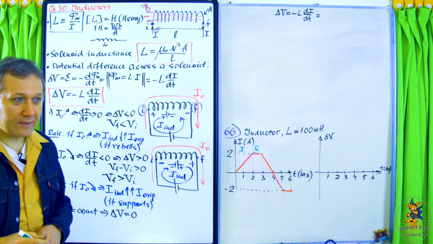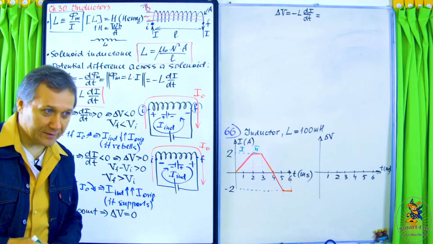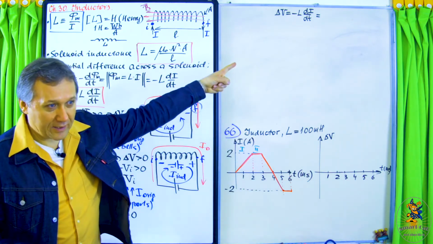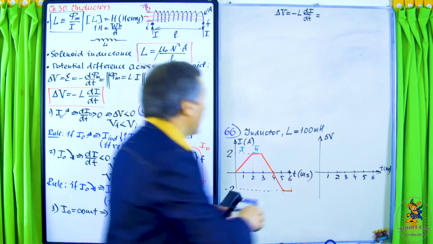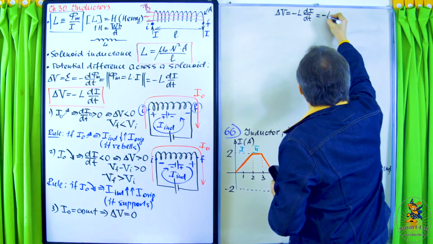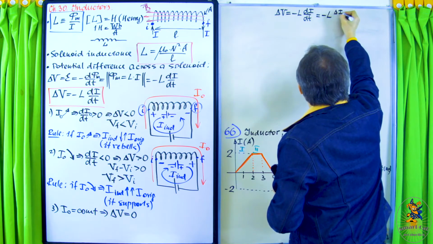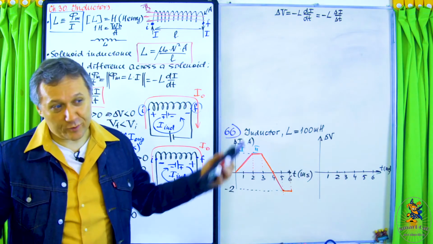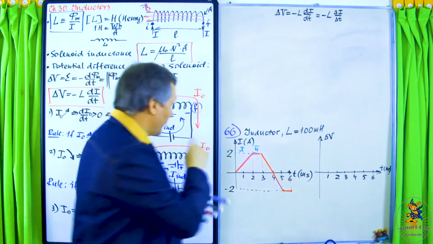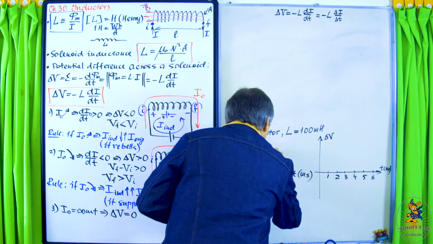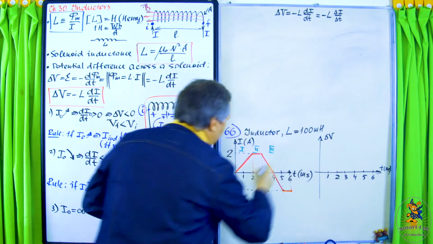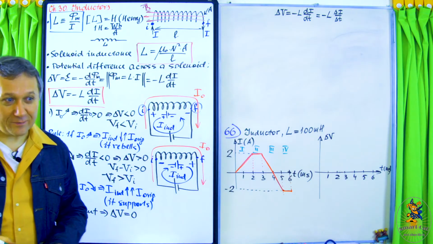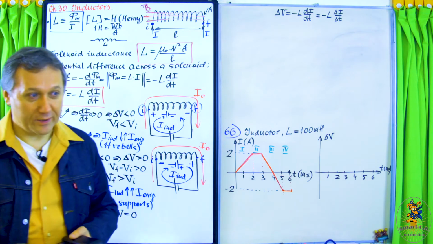So we can slightly adjust that formula to minus L delta I over delta T, using finite increments instead of di over dt. We need to divide into several sections, 1, 2, 3, and then section number 4, and for each of these sections we can apply that formula.